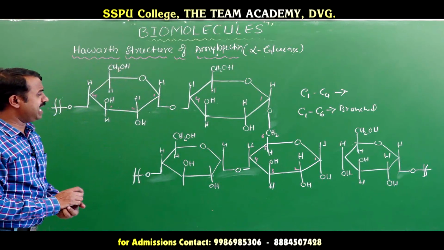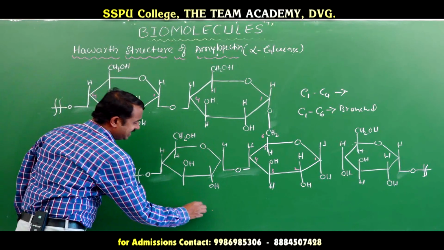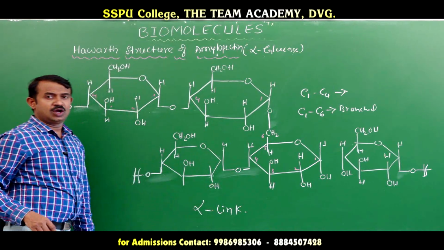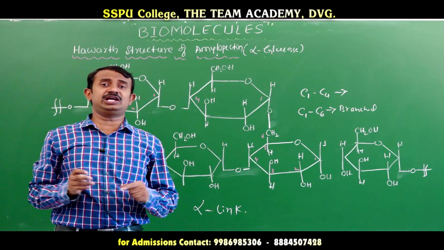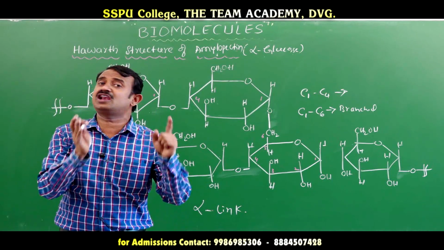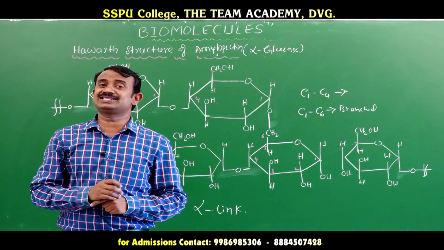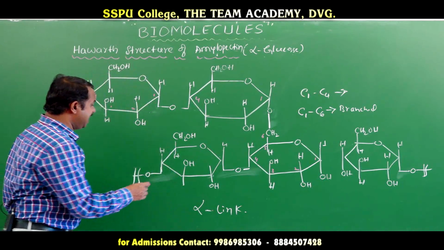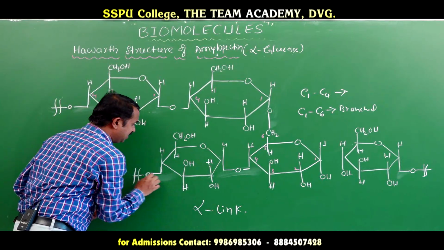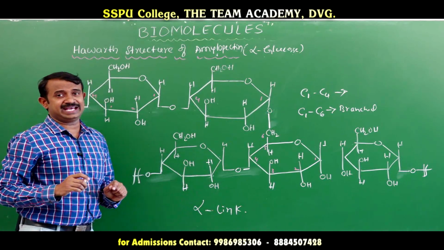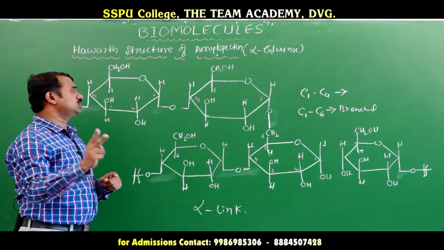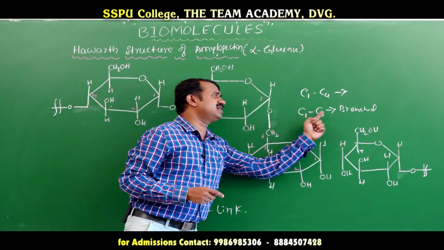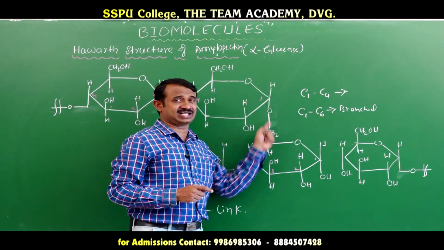The monomer here also, the linkage is called alpha link. Both amylose and amylopectin are having alpha glucose. The link is called alpha. Links are glycosidic linkage, the bond between two monosaccharide units, C1 and C4, and C1 and C6 is a branched structure.